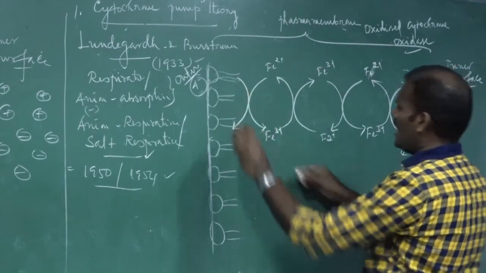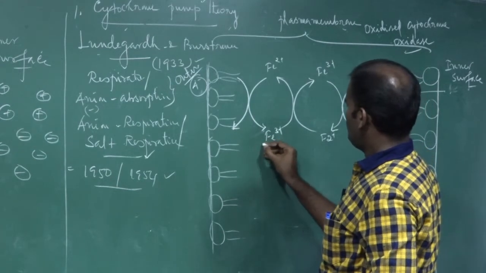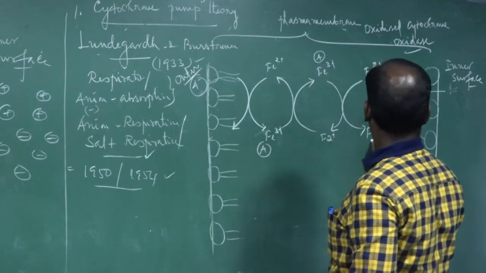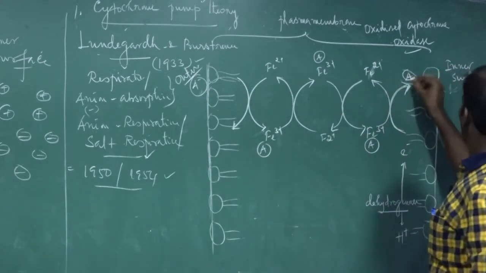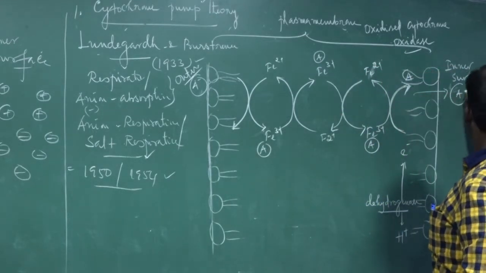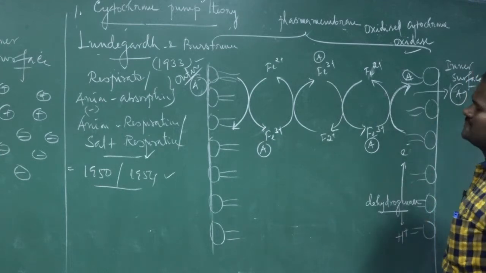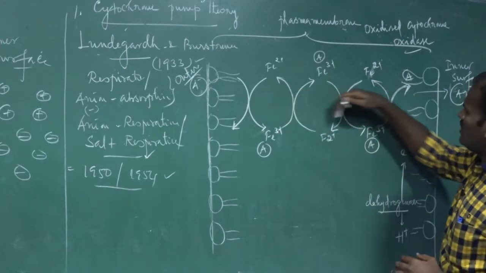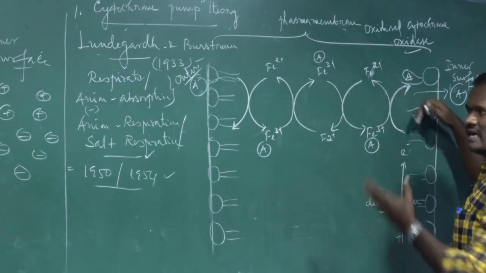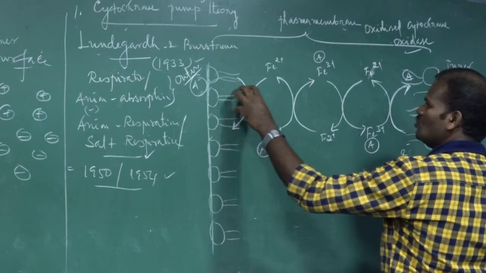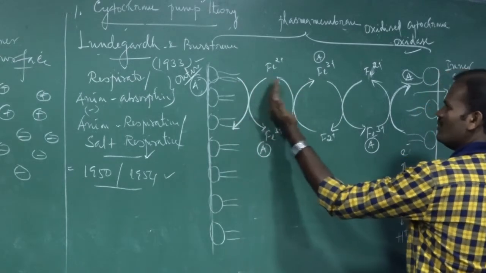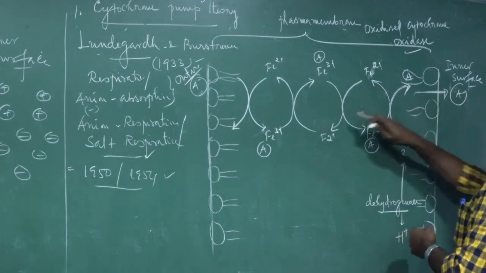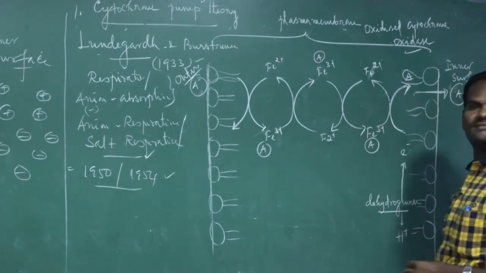They transport the anion from one component to the next, and the anions are transported across. How are they transported? When the electrons are transported from one complex to another complex, the anions are also picked up by this enzyme and transported from one complex to another, so they easily cross the membrane and enter the inner surface.